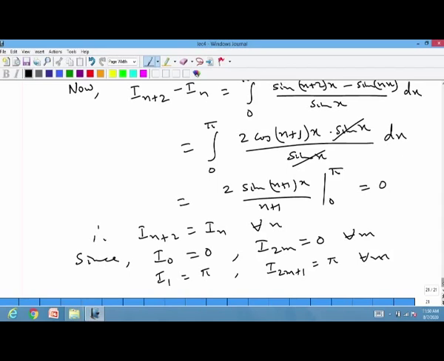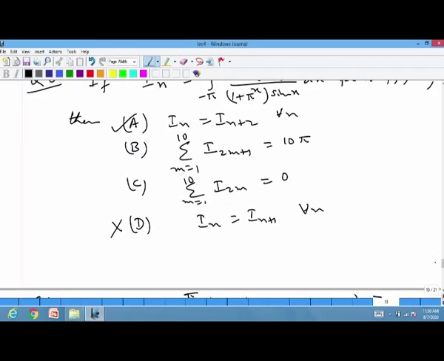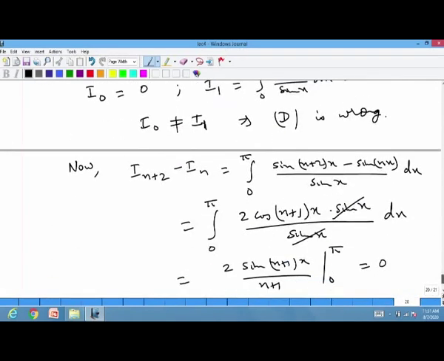So, therefore, if we see option B, summation of I 2m plus 1 for m equal to 1 to 10, each I 2m plus 1 is pi. So, this will give 10 pi. So, this is correct, and I 2m is 0 for all m. So, therefore, the sum is also 0. So, A, B and C are correct.